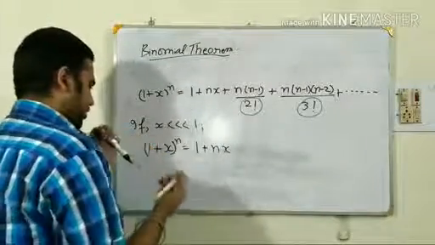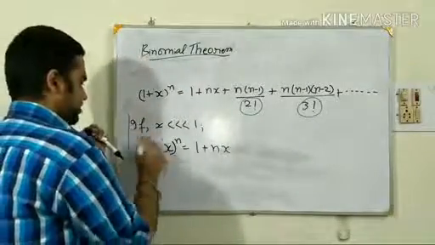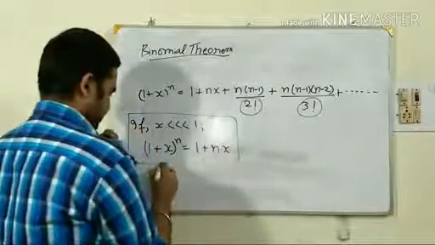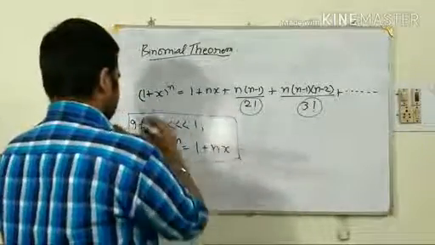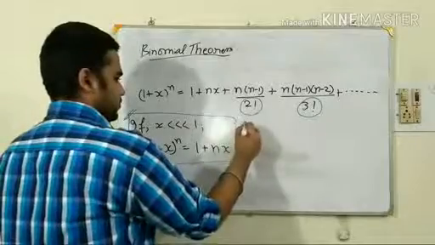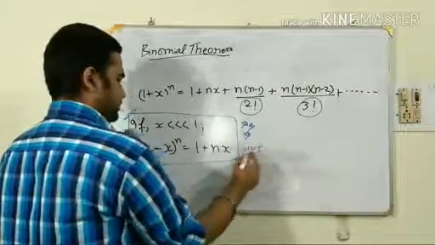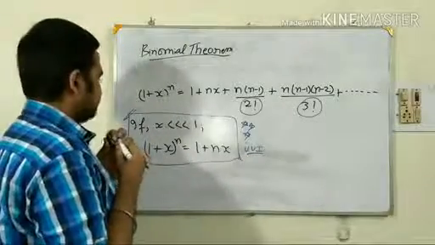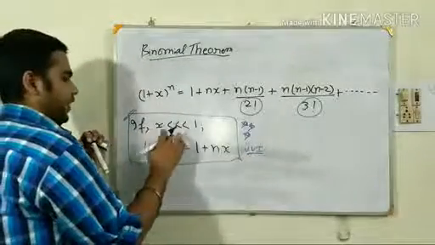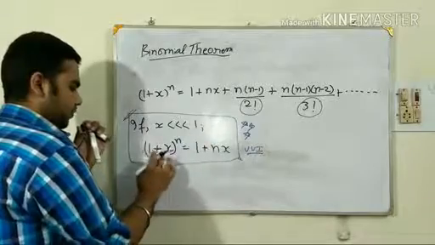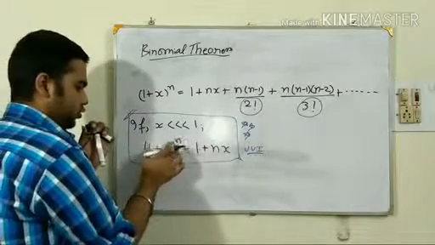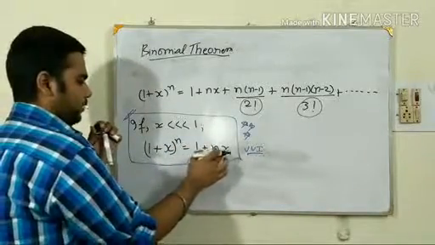This is very important regarding our MBBS entrance exams. Very important. If x is very much less than 1, then (1 plus x) to the power n is equal to 1 plus nx.